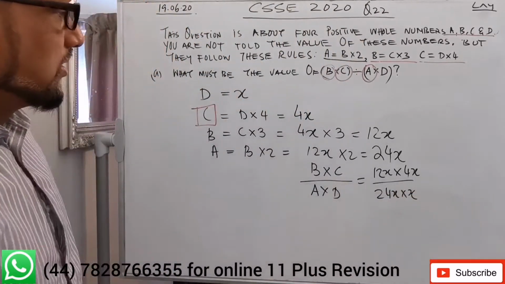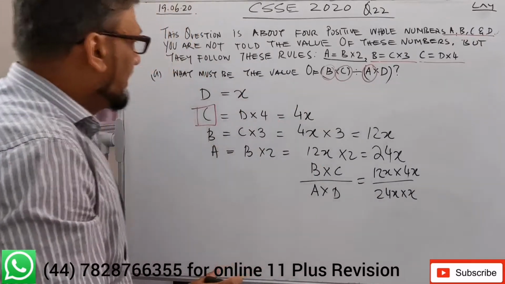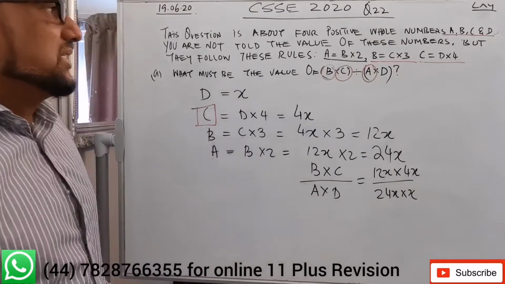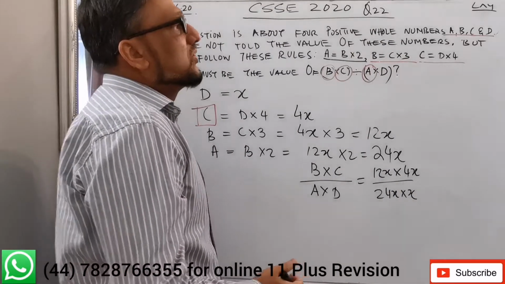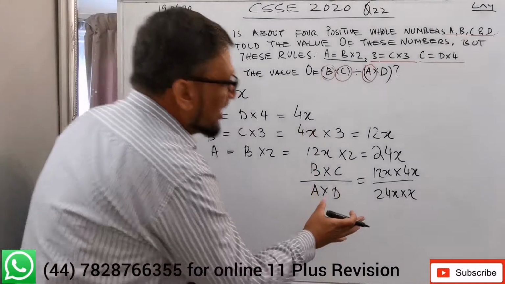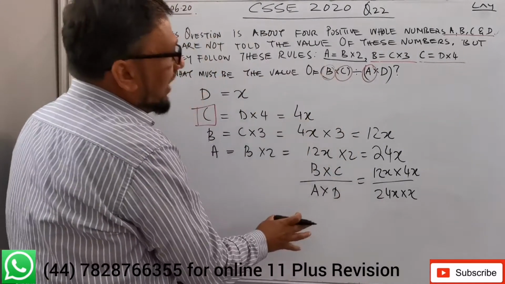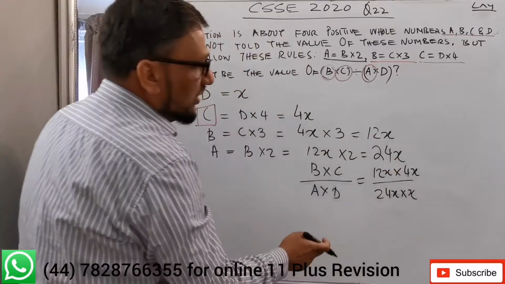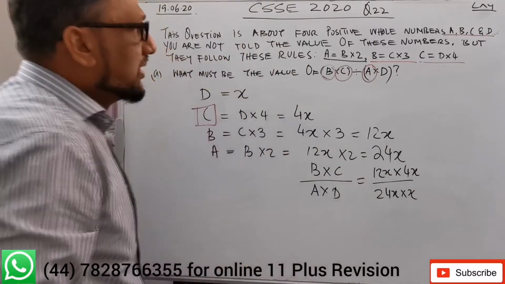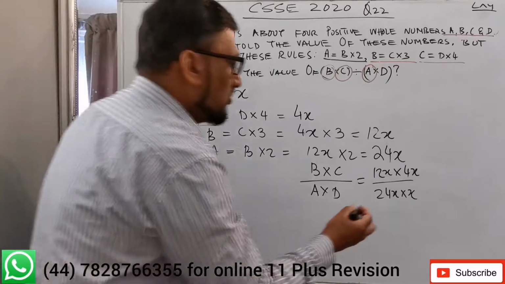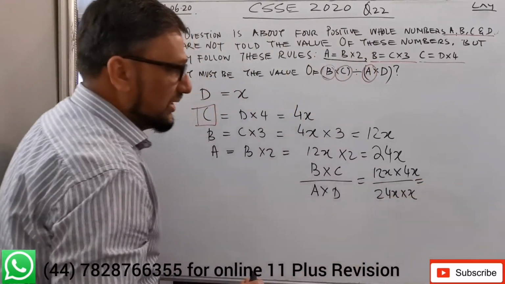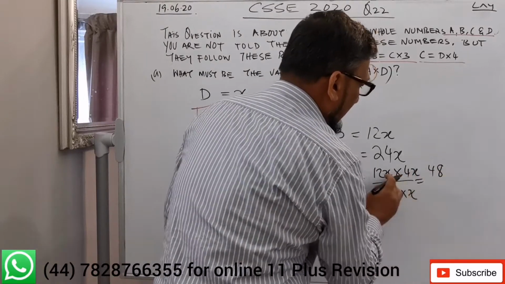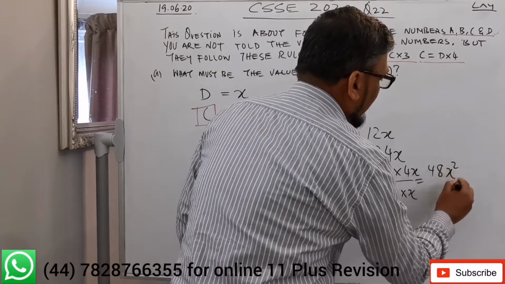So I just figured out the values according to the given A equal to B times 2, B equal to C times 3 and C equal to D times 4. After that I substitute those values, which are X, 4X, 12X, 24X. Now look at this one. If I simplify, 12 times 4 is 48. X times X is X squared.